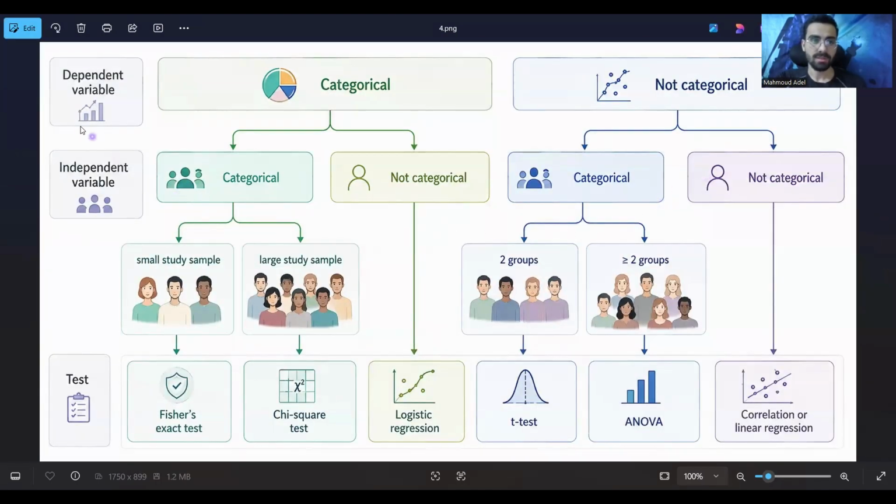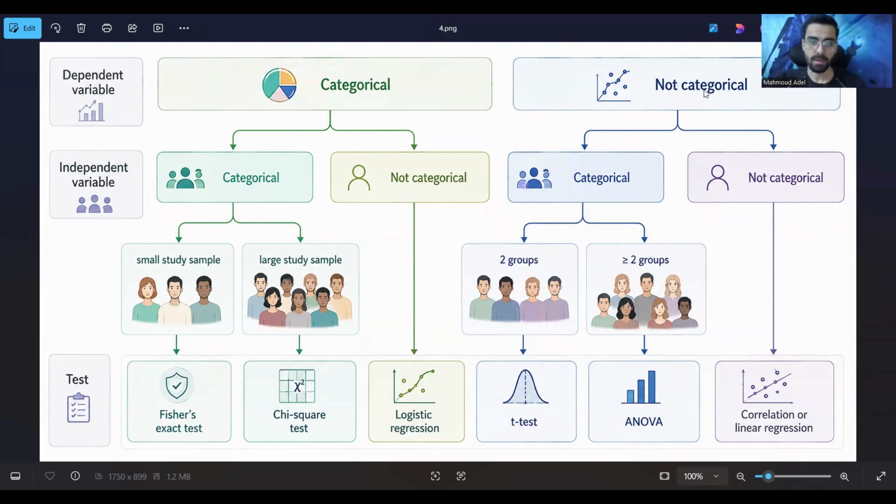So based on the dependent and independent variables, your number two step is to know the type of each. If the dependent variable is not categorical, meaning it deals with numbers, you go to the independent variable. If it is categorical and you have three or more groups, you choose ANOVA. If you have only two groups, you choose t-test.